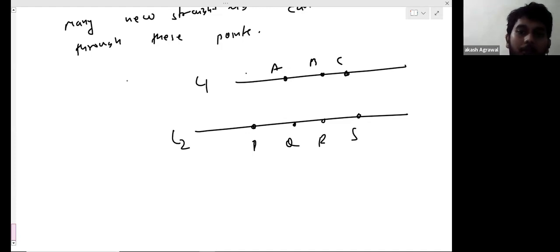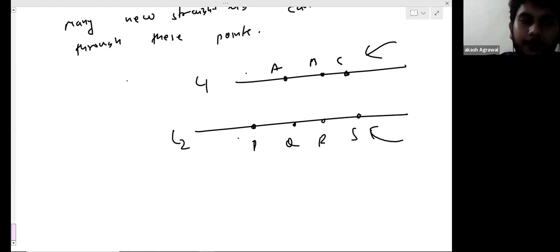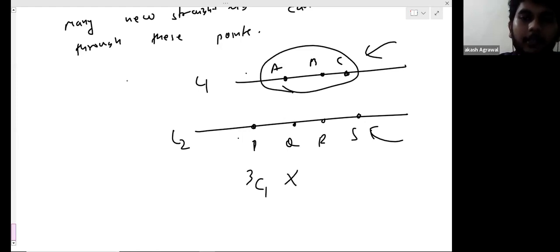One out of this, one out of this. Any line can be formed using 2 points, as we know. So if I choose 1 point from this and 1 point from this, I'll get a line. Yes or no? Yes. So as simple as that, you have to choose 1 point out of 3 points, 3C1, and 1 point out of 4 points, 4C1. The answer is 12.